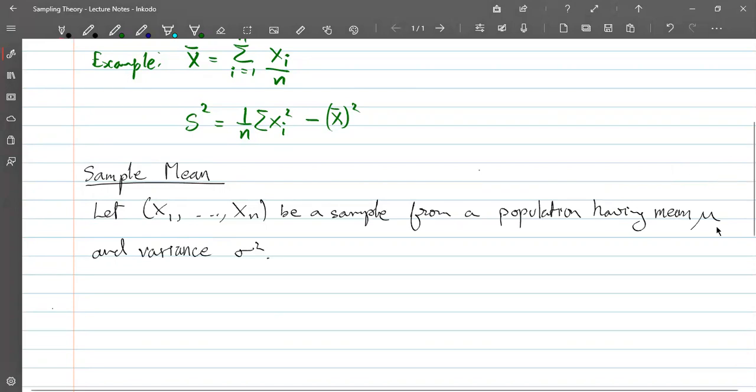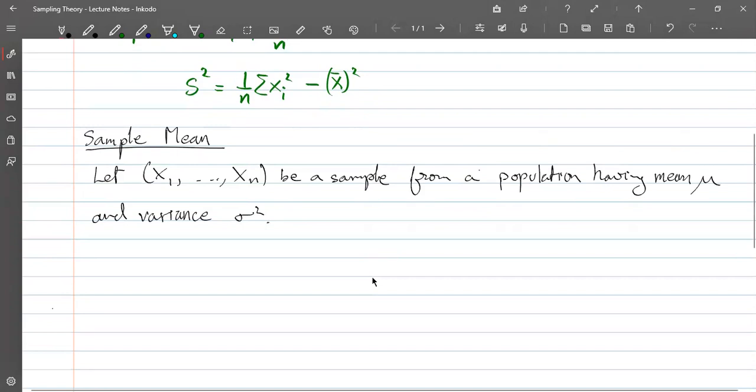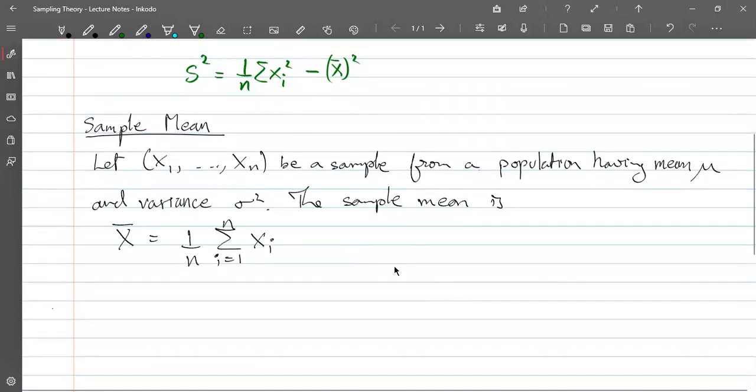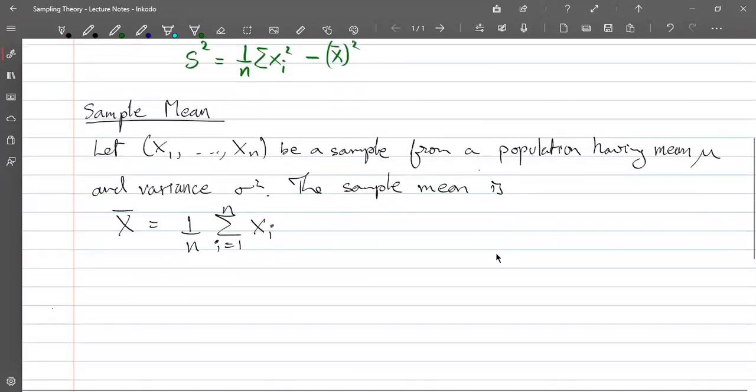So these are actually unknown in practice, but suppose the mean is mu and variance is sigma square. The sample mean is defined as x bar is equal to 1 by n summation 1 to n of xi. So what I wrote just here.